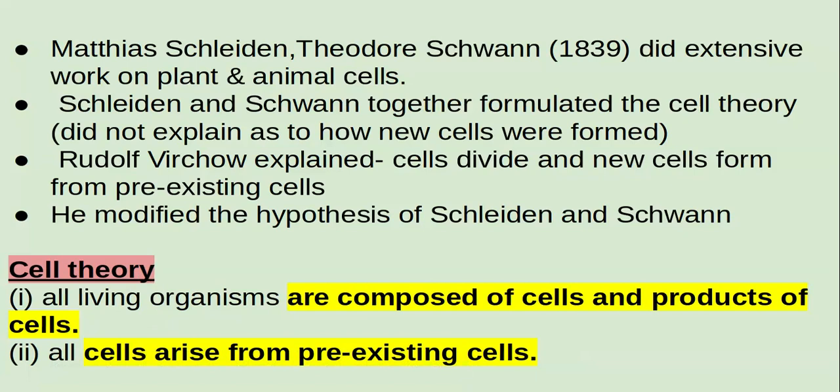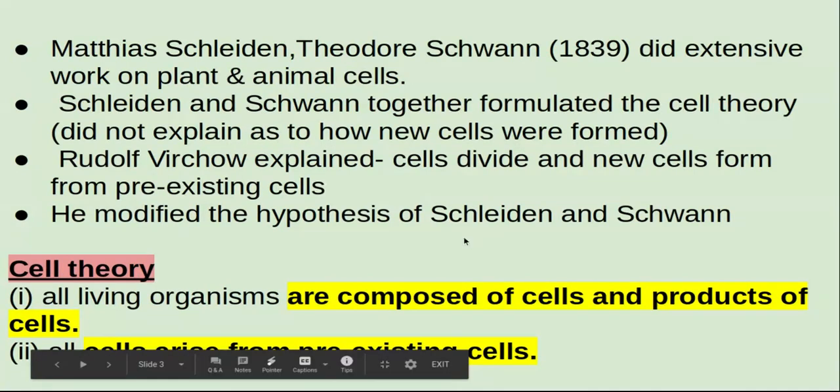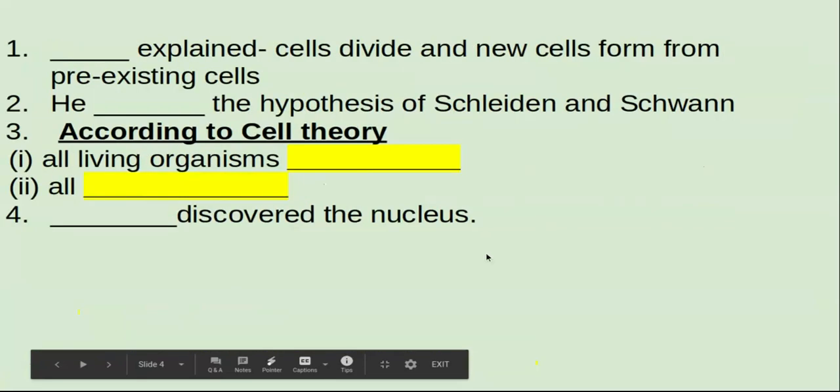And how do these cells come about? They don't just get created from nothing, but one cell will give rise to another cell. So there has to be a pre-existing mother cell which will divide and give rise to daughter cells. I hope this is clear in this slide.